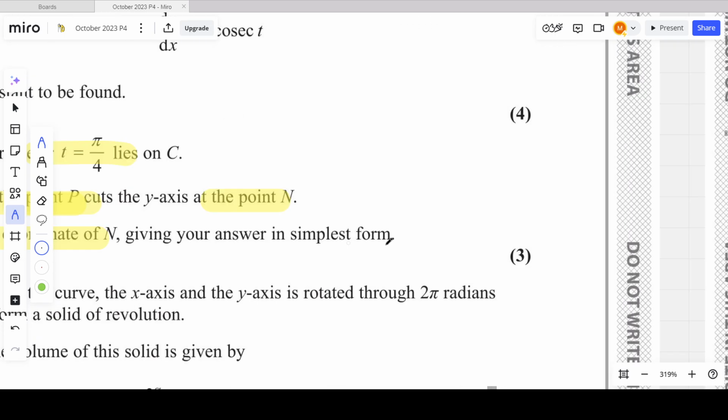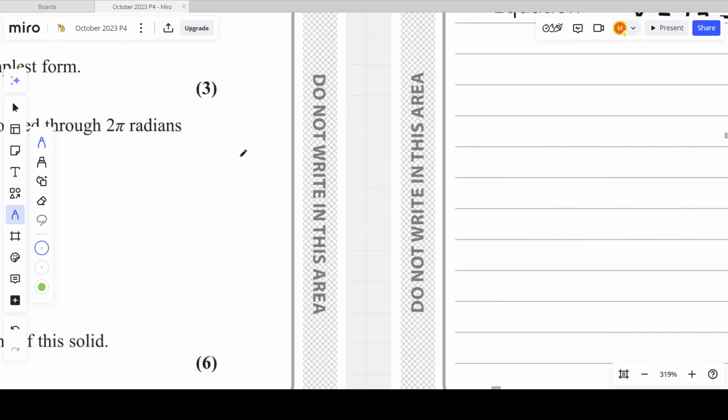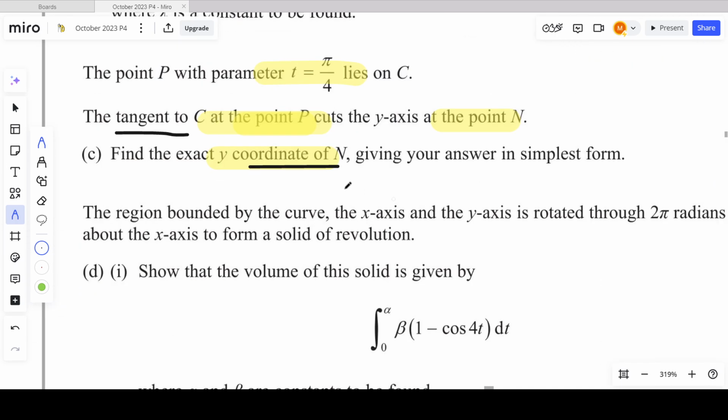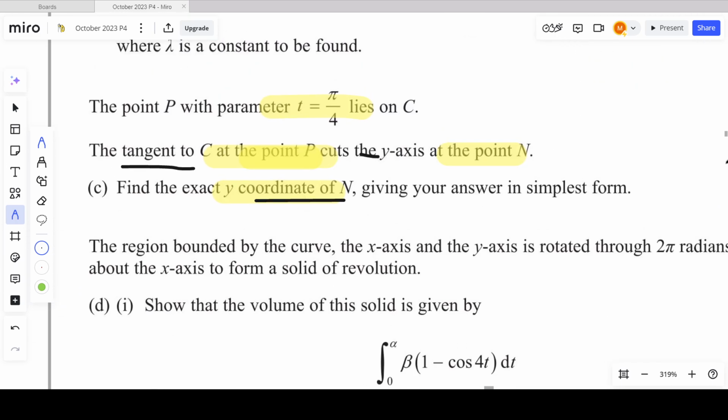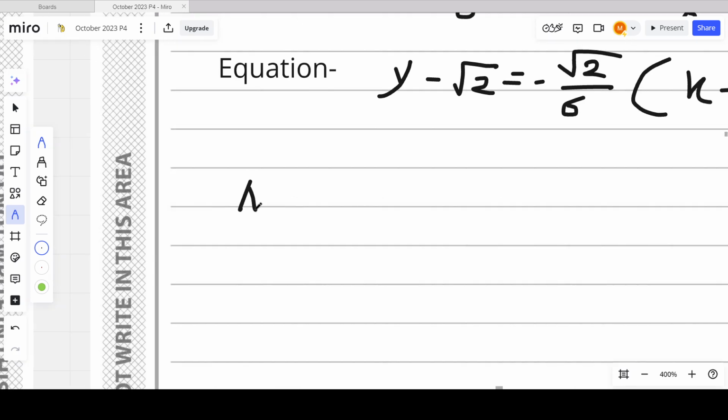Now they wanted the y coordinate of N, not the coordinates, only the y coordinate. So at point N, it is cutting the y axis. At point N, we can write x equals 0, since it is intersecting the y axis.